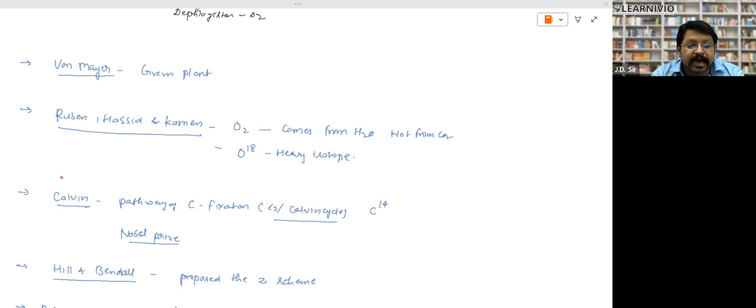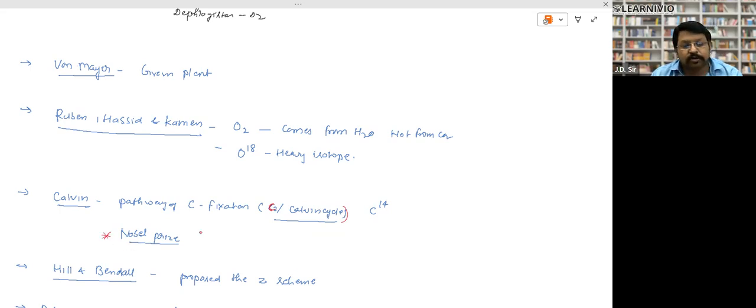Another scientist, Calvin, Melvin Calvin. Calvin gave the Calvin pathway. Calvin explained how carbon dioxide fixation is done. He gave the Calvin cycle, also known as the C3 cycle. The C3 cycle or Calvin cycle was given by Calvin, and he used carbon 14, a radioactive component, to prove it, and he got the Nobel Prize for the same.